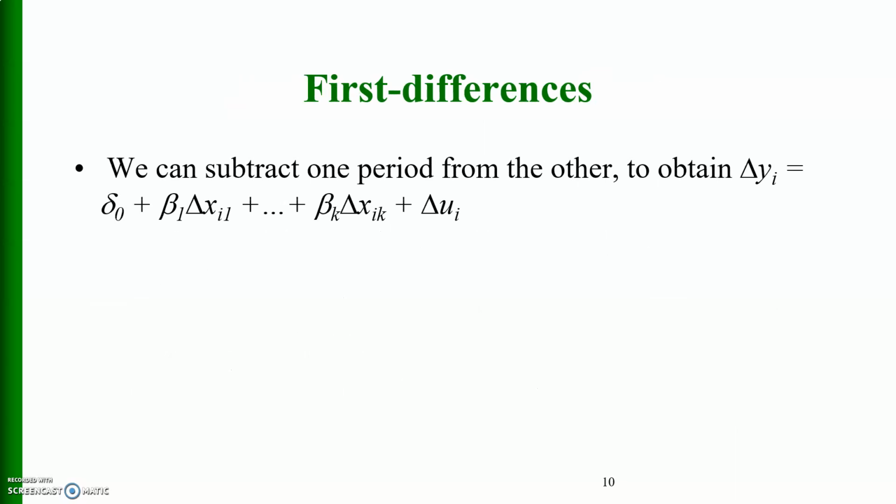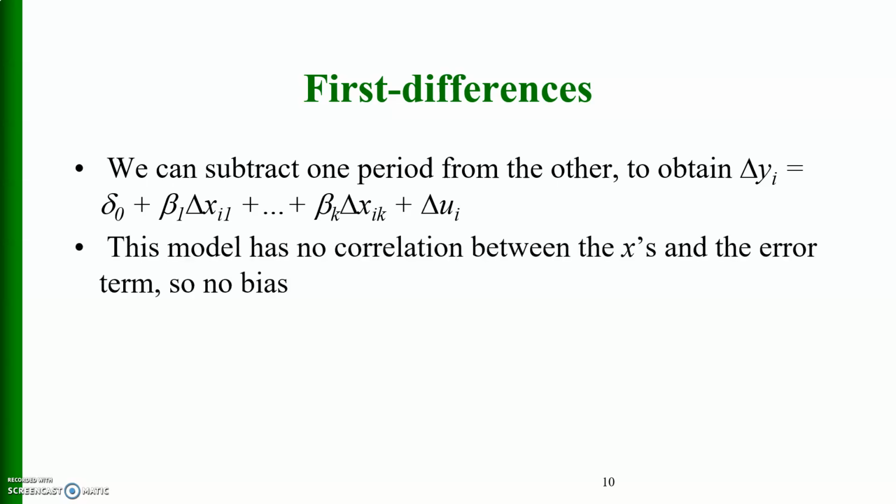We can also use first differences in panel data, and in that case we can subtract one period from the other to obtain delta yi equals delta naught plus beta 1 delta xi1 up to beta k delta xik plus delta ui.